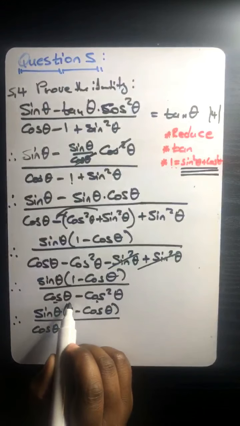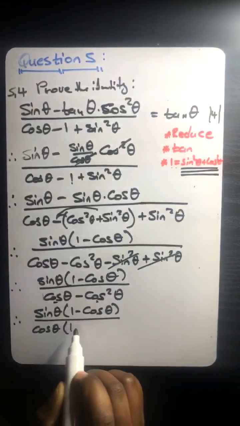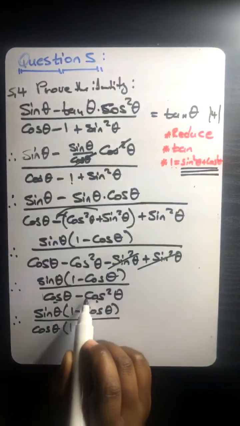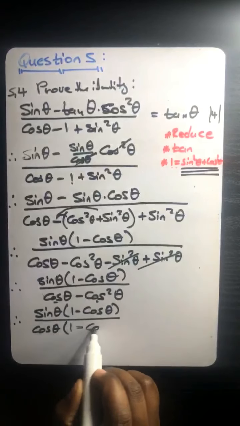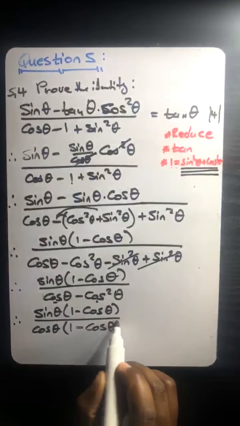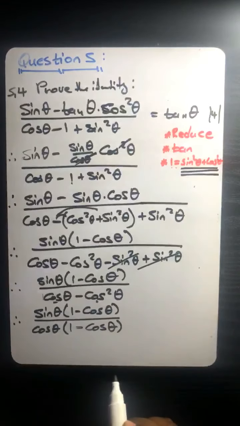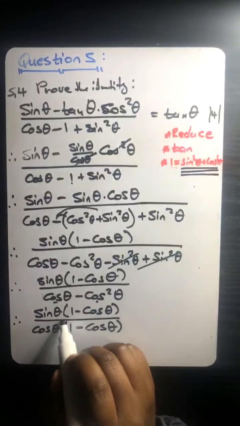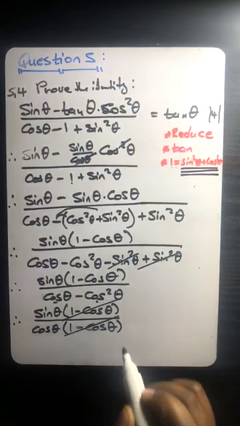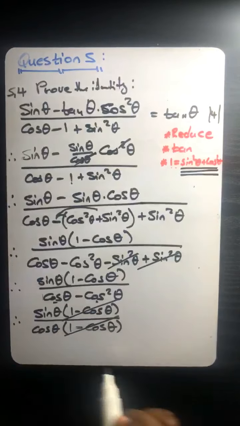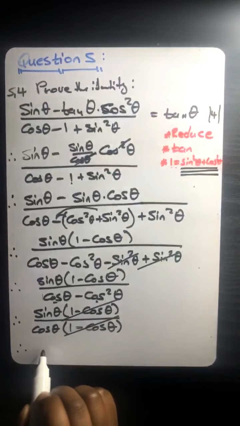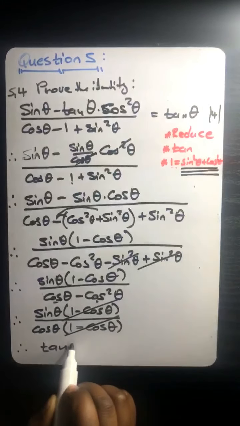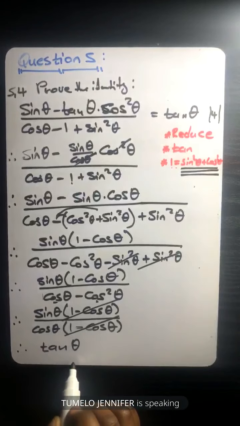Then we have that invisible 1. This is that minus, and then there are two coses. Then we took out cos, and we remain with a 1. So obviously, you can see we are having the same thing there. So what is sine over cos? Is it not tan, guys? I think it's tan. It is.